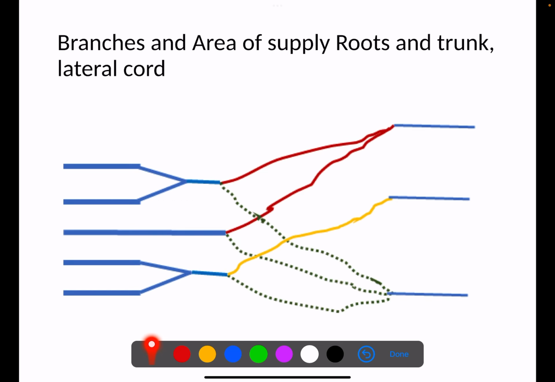Now, what are the branches and area of supply of the root, trunk and lateral cord? First we will study the root, trunk and lateral cord. From the roots, let's label C5, C6, C7, C8 and T1.